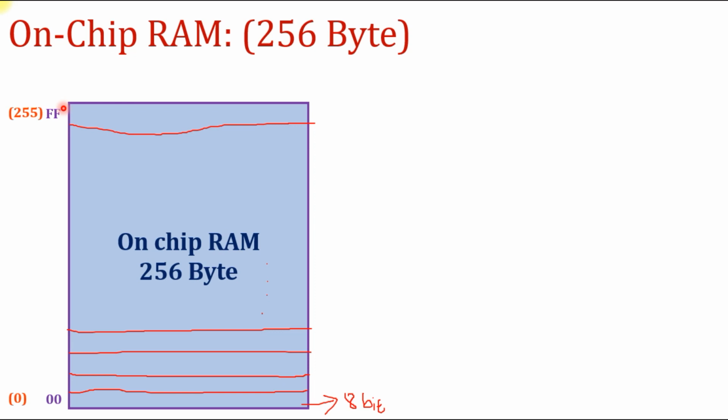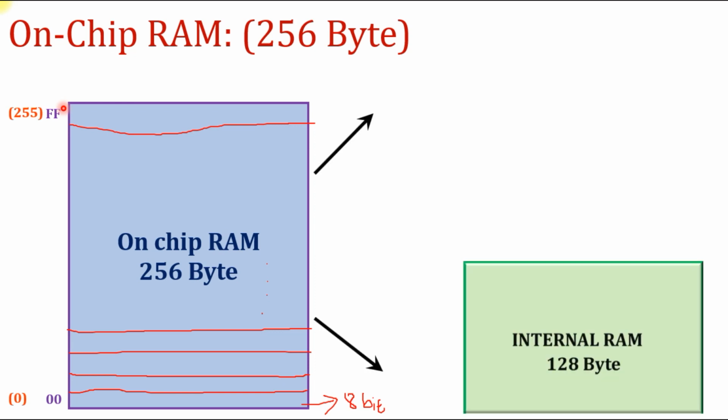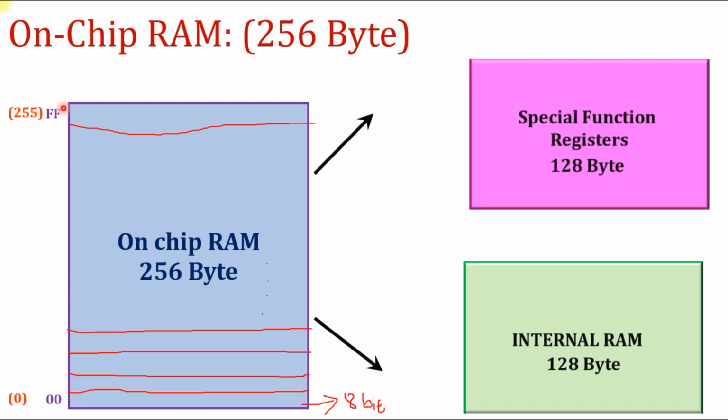So these 256 locations are divided into 2 halves. The lower 128 bytes are allocated for the actual internal RAM, and the higher 128 bytes are allocated for the special function registers.